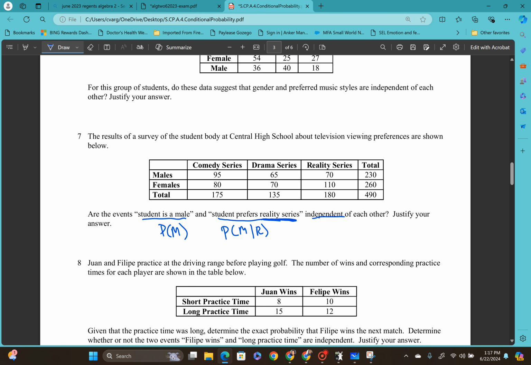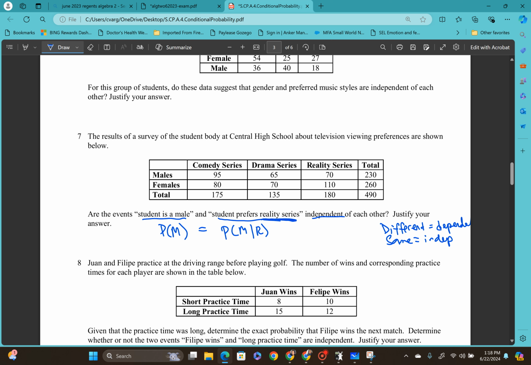Okay. So basically we want to see if these are the same or if they're different. So if they are different, they are dependent. If they are the same, they are independent. Different, dependent, same, independent is the way I remember it.